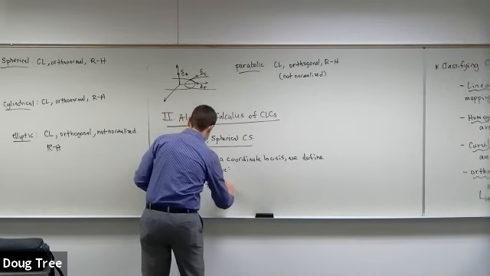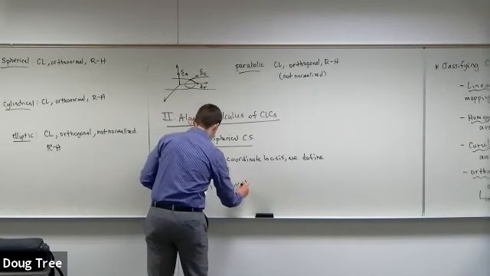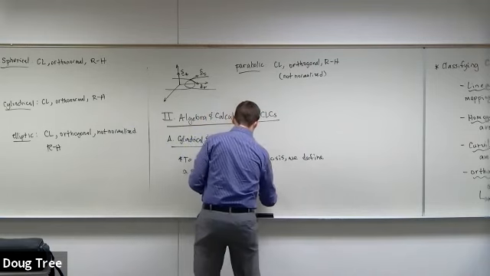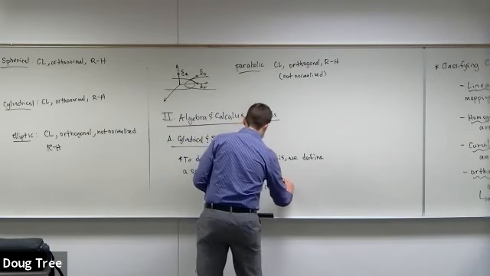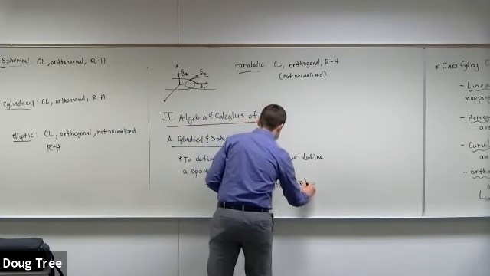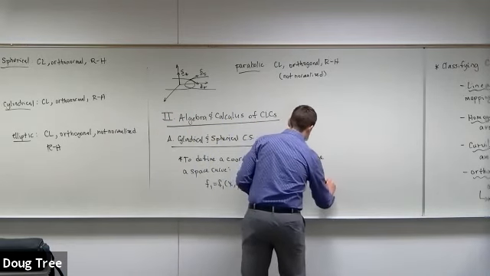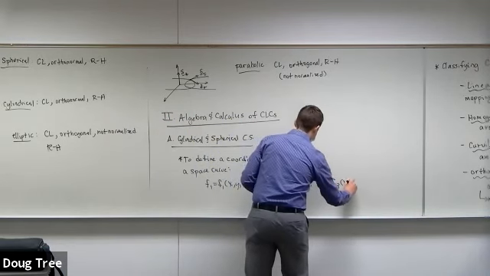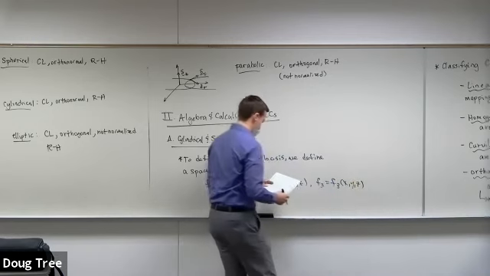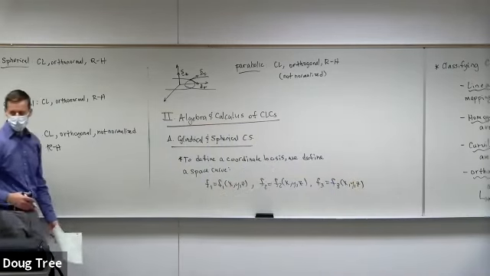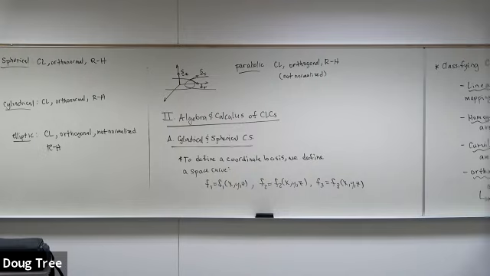F1 is a function of X, Y, Z. F2, function of X, Y, Z. F3, function of X, Y, Z. Okay, so I'm going to define these 3 curves, okay? And you can see them here, right? Like I drew an ellipse, okay?